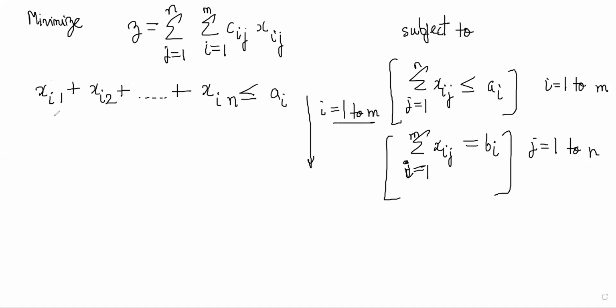When i is 1, there will be one equation. So there will be basically m constraints here, right? Because there will be m rows like this, m different equations.